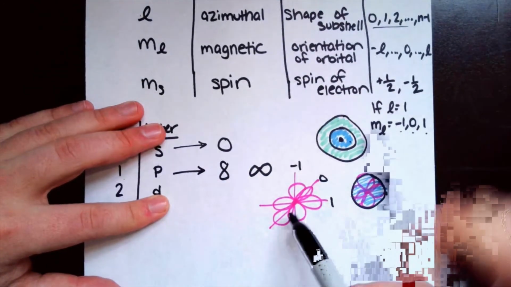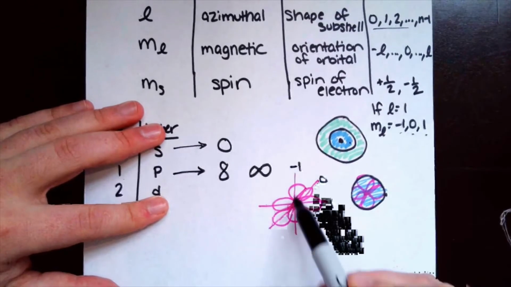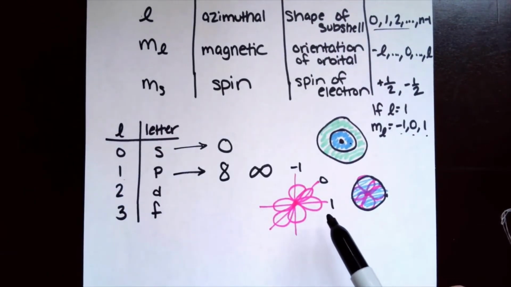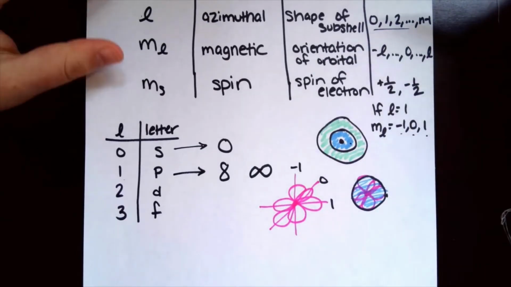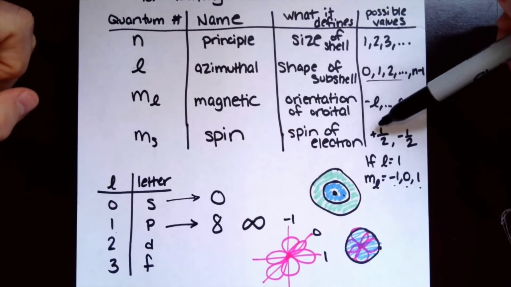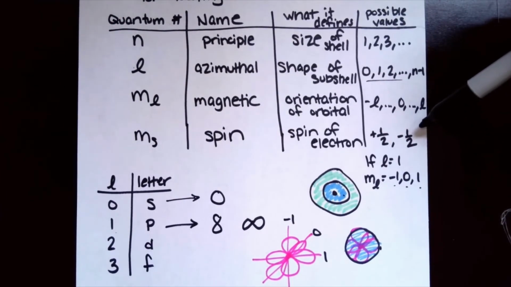Basically what you need to know is that each orbital, and again, each one of these is an orbital, can contain a maximum of 2 electrons. One of them we say has a positive spin, the plus 1/2. One we say has a negative spin.